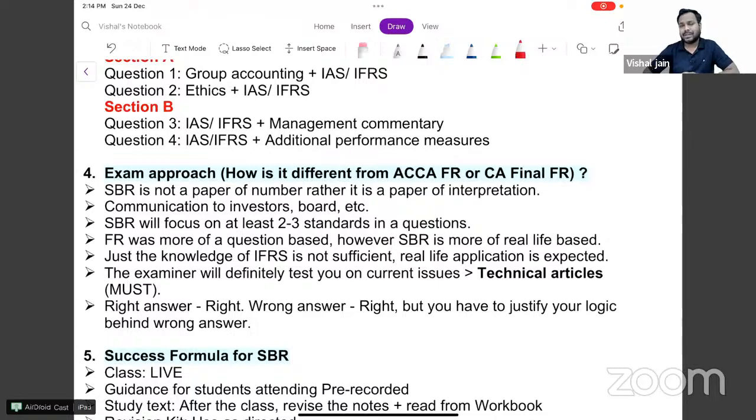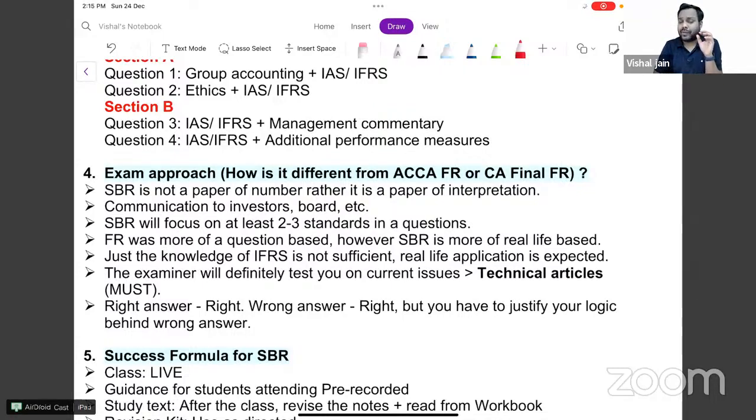Now at SBR level, again, at knowledge level of ACCA you studied financial accounting, at skill level you studied the financial reporting paper, and at professional level you are studying SBR. What is the difference between all three papers?